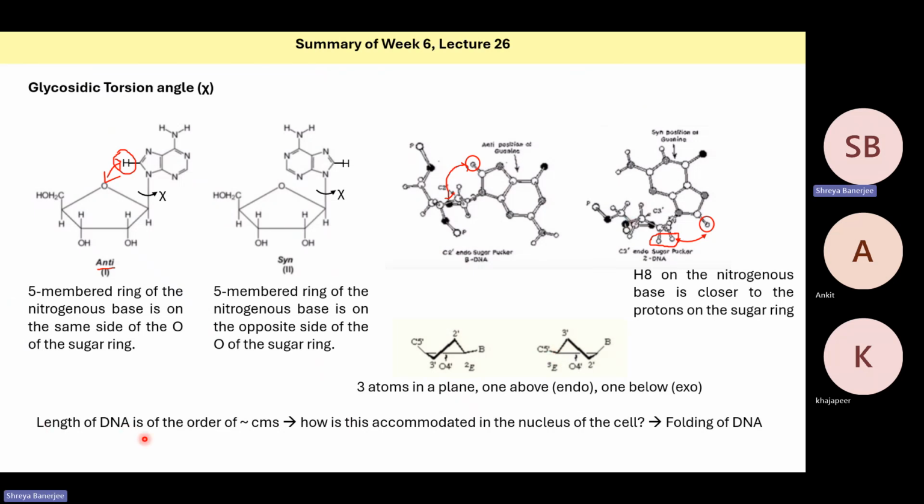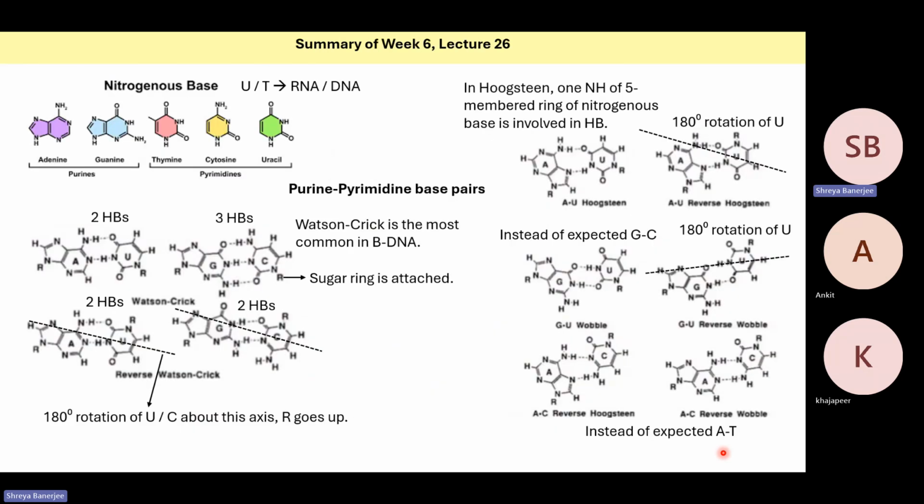Now the length of the DNA, if we consider 1 billion base pairs, is of the order of centimeters. But the nucleus of the cell is of the order of microns. So for that, DNA is folded in many ways, and now we will look into that.